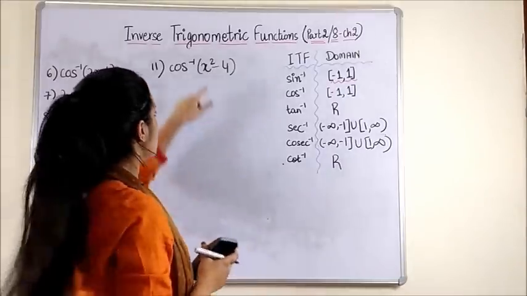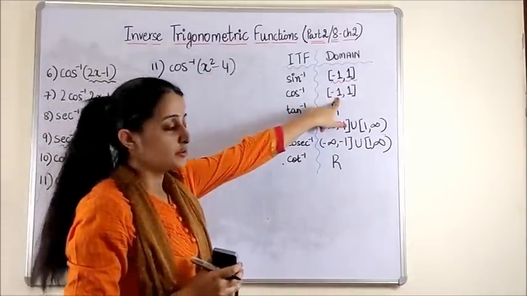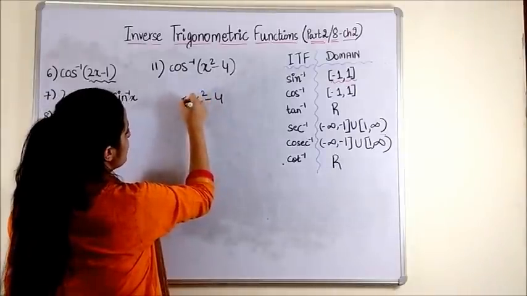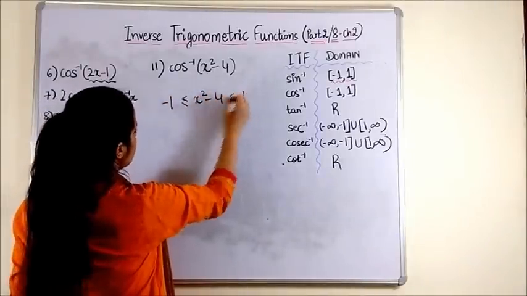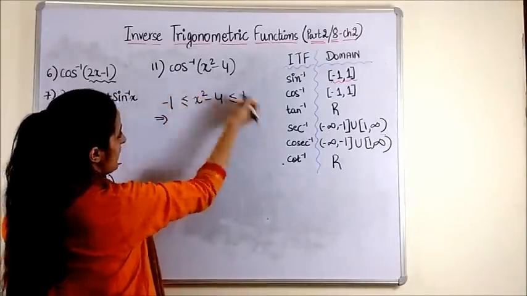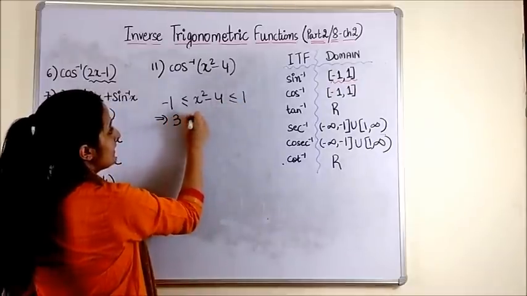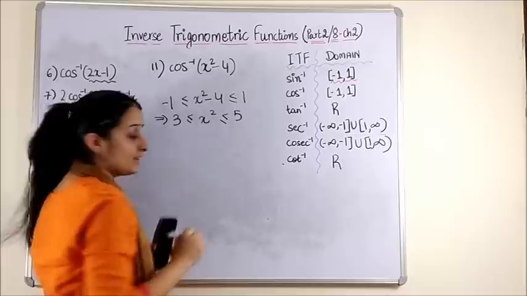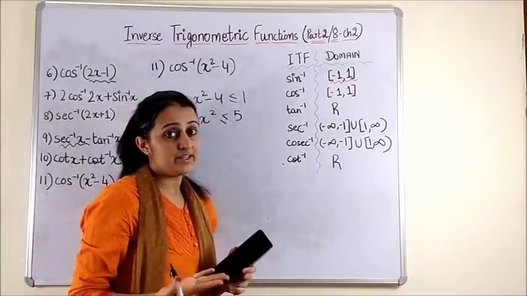Alright, once again going ahead by domain of your cos inverse, we have to say that x square minus 4 lies between minus 1 and 1. This further tells us, when you add 4 on all the sides, 3 is less than or equal to x square is less than or equal to 5. Right? You want to deal with them separately, you may do that.